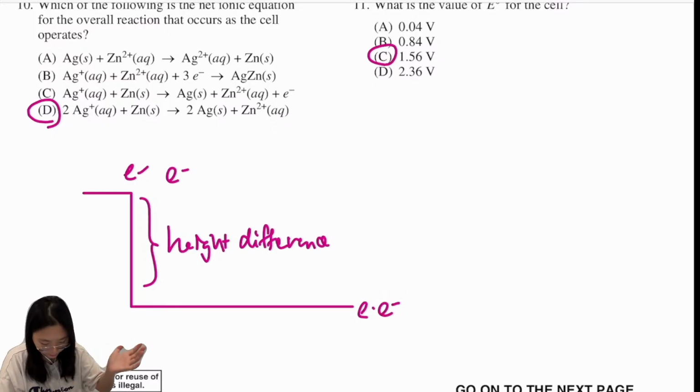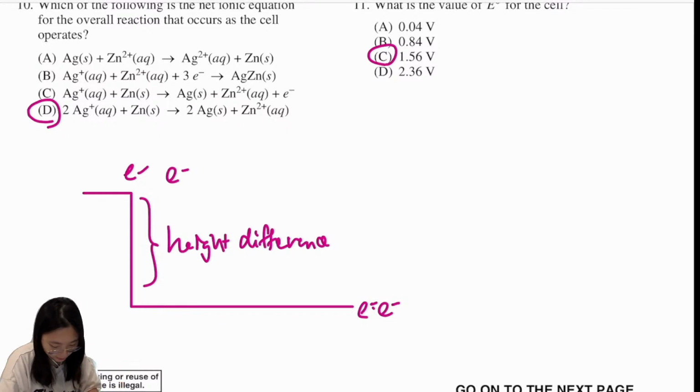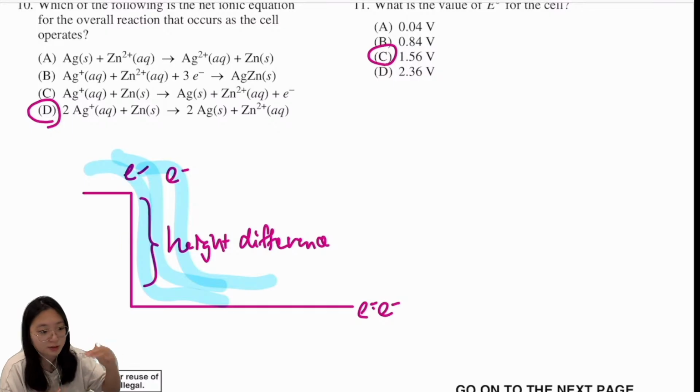The electron flow causes the electricity. So think of it as water flow. You need to have this height difference to make sure that water flows from one place to another. If it's on the horizontal plane, the water doesn't move. It just stays there.